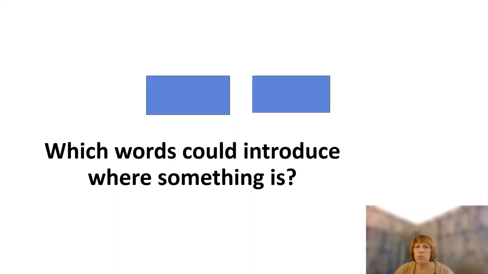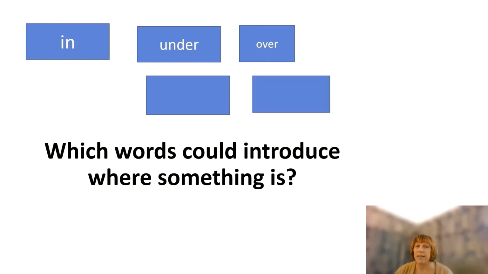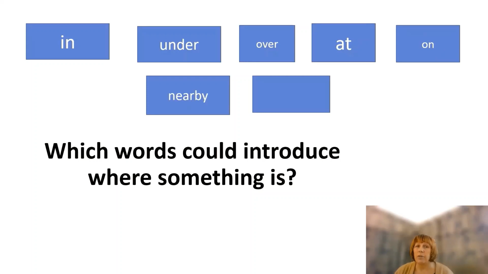So which words could introduce where something is? Have you thought of any? In, under, over, yes, you're getting the idea now. At, on, nearby, opposite, and next. Well done if you got those right.